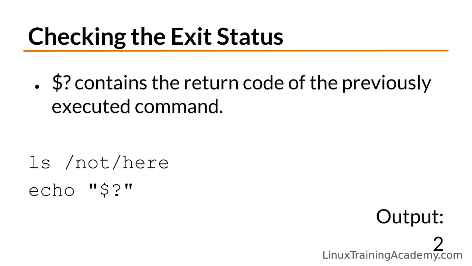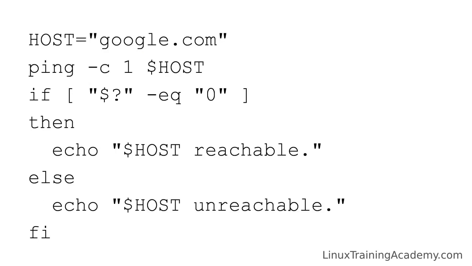Remember that non-zero exit codes indicate some sort of error. Had the file /not/here existed and ls was able to display information about that file successfully, the exit status would have been 0. You can use an exit status of a command to make a decision or perform a different action based on the exit status.